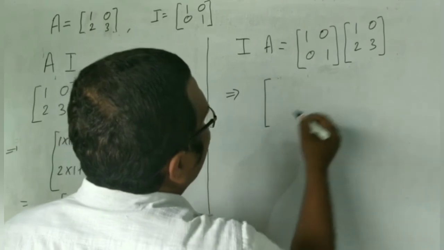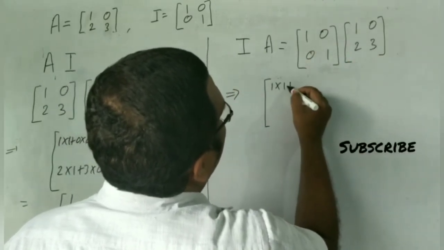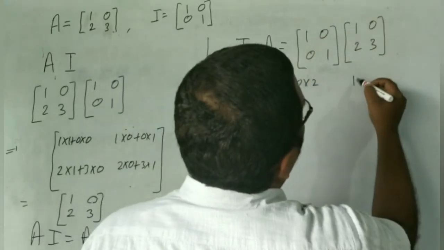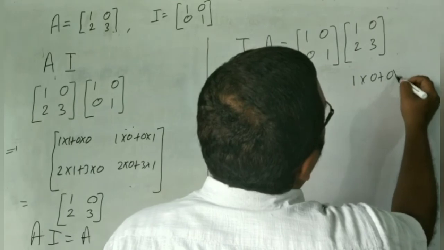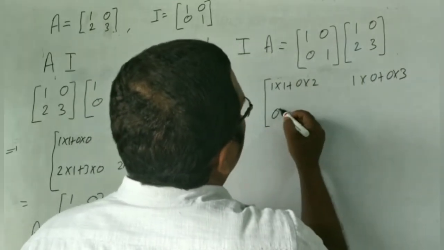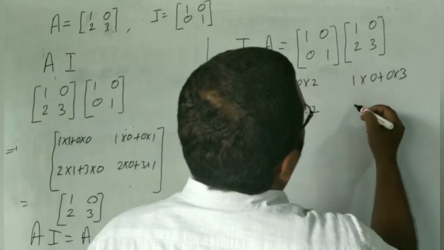Same way here also I multiply. First row, first column: 1 into 1 plus 0 into 2. First row and second column: 1 into 0 plus 0 into 3. Second row and first column: 0 into 1 plus 1 into 2. This is second row and second column.